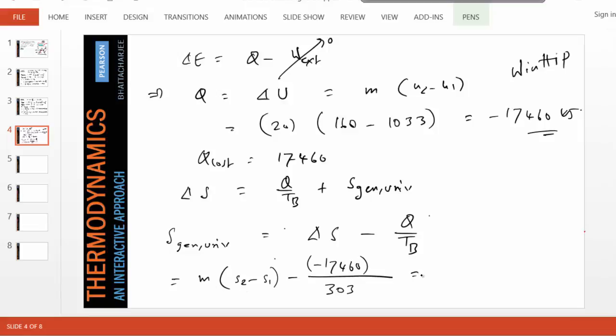If you substitute them here, you'll get an S_gen of 6.97 kilojoule per Kelvin.